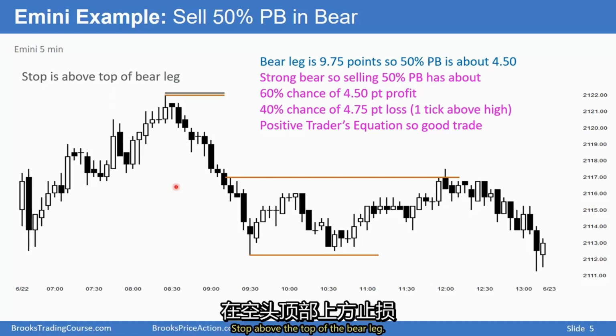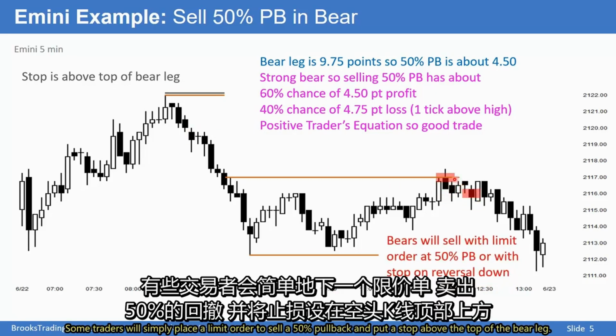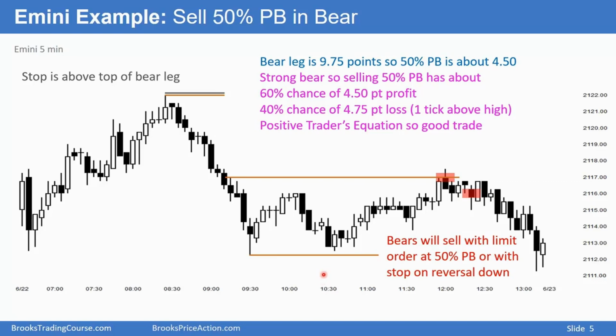Stop above the top of the bear leg. Some traders will simply place a limit order to sell a 50% pullback and put a stop above the top of the bear leg. Others will sell a reversal down or a second entry short or a third or fourth entry short, looking for a test of the bear low.